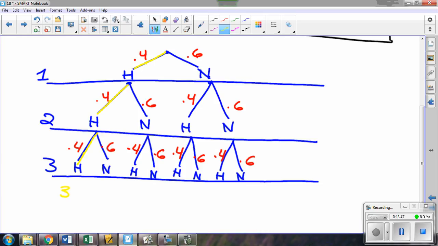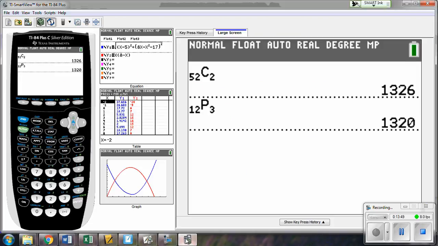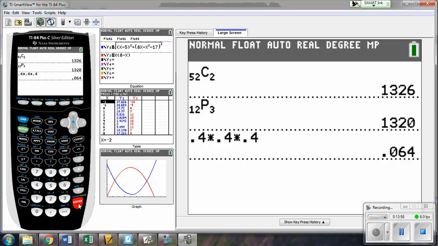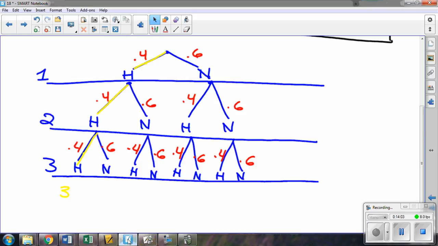So using our calculator, just to speed up the number crunching, 0.4 times 0.4 times 0.4 gives us an overall probability of 0.064. Okay, so we'll write that down.